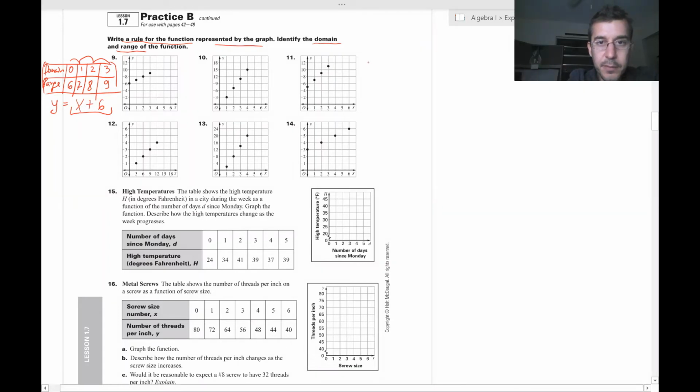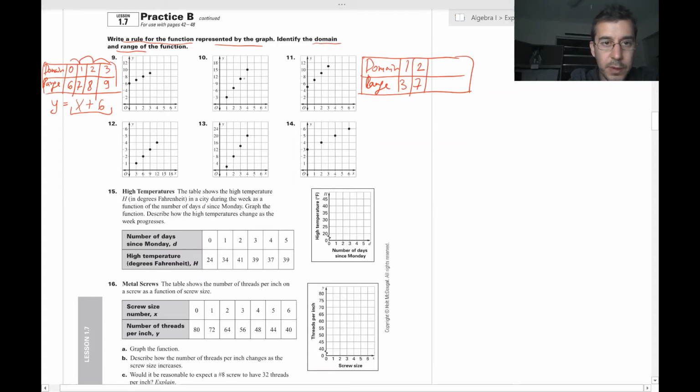Number 10, we have the domain and range. 1 and 3. Then we have 2 and 7.